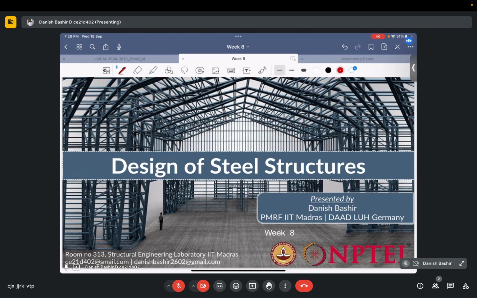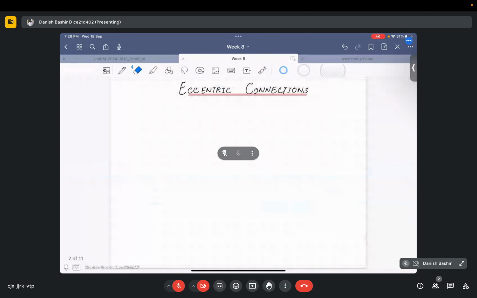We saw the butt joint and the lap joint, and the design of those connections as well. But we skipped one class regarding eccentric connections. So in today's class, I will be talking about eccentric connections.